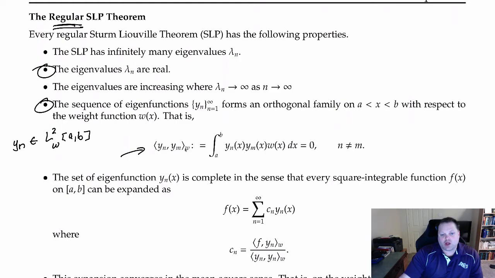So if this were unweighted, W would just be 1, and you would have the integral from A to B of yn times ym. But with respect to a weight, you multiply by whatever the weight function is, and that's how you achieve orthogonality. So the orthogonality condition here means that if these are different eigenfunctions, then they are mutually orthogonal. And that's a guarantee of working with the regular SLP.